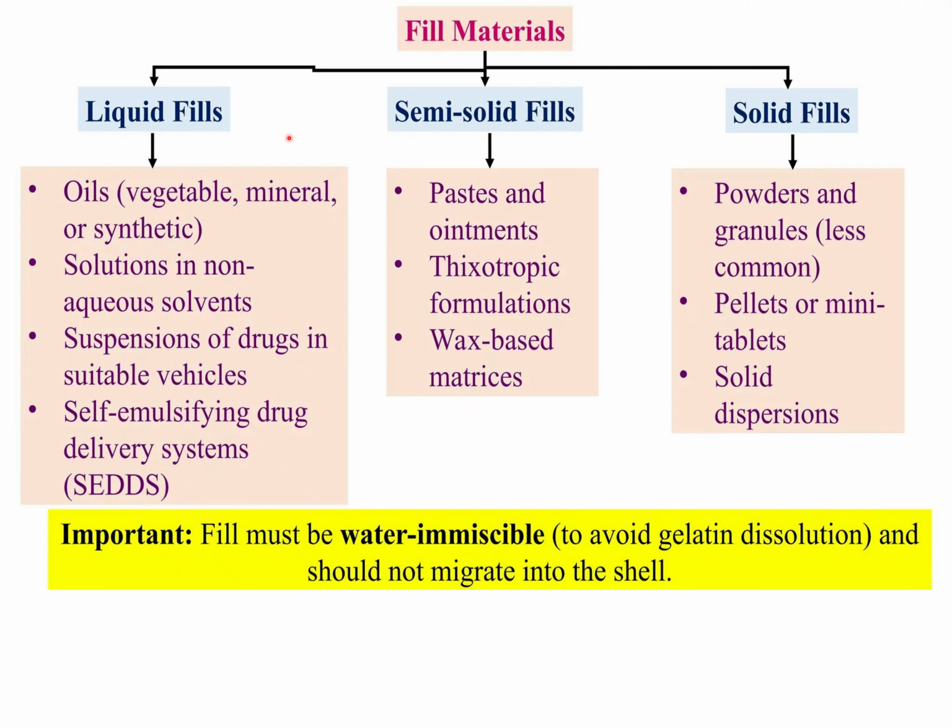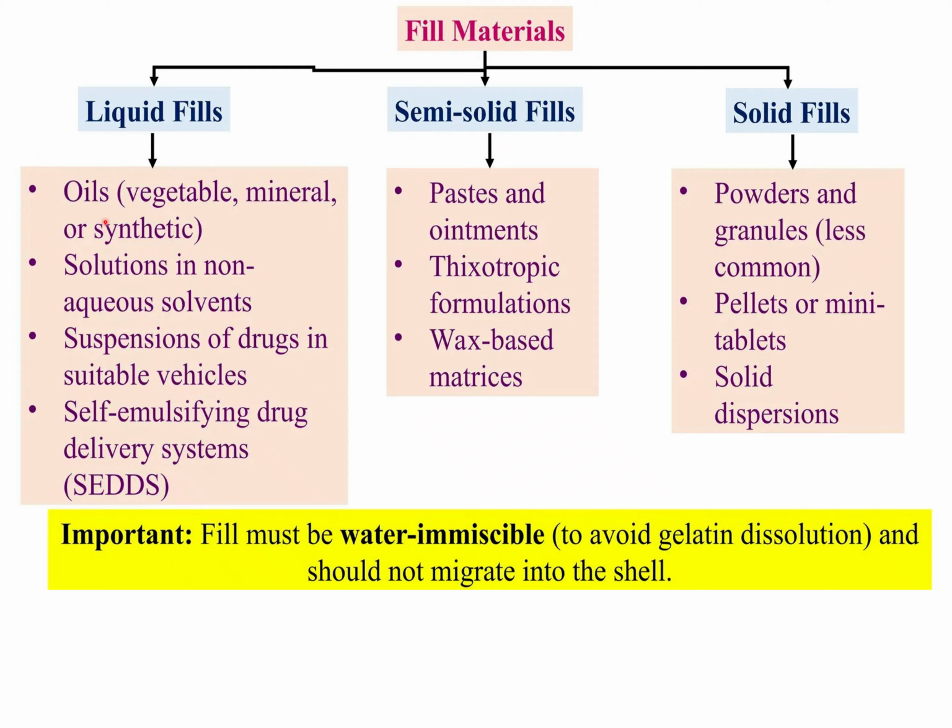So after the capsule shell, we will now study about the fill materials. Okay, what would be inside the capsule? It can be liquid fills, it can be semi-solid fills, and it can be solid fills. Okay, solid fills are rare in case of soft gelatin capsule. Basically, liquid or semi-solid fills are more common.